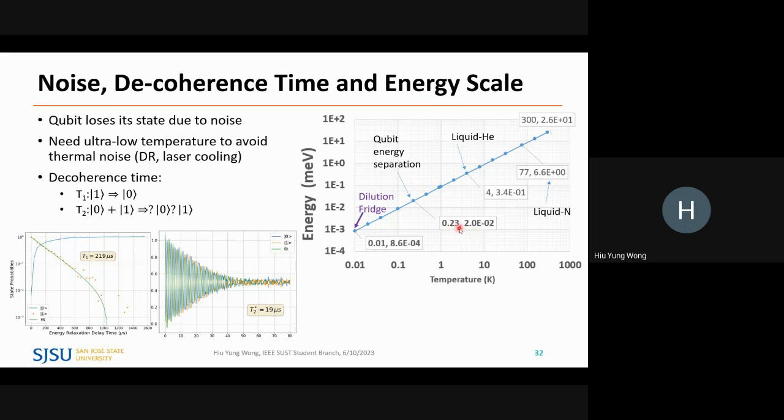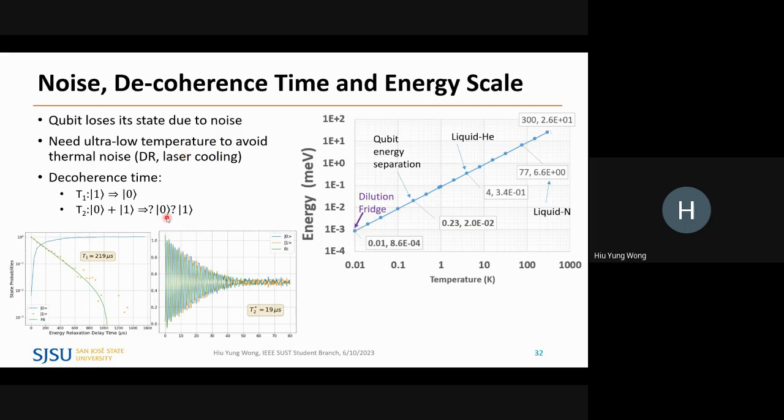Corresponding to 0.25 Kelvin. And your thermal energy at room temperature is already 26 milli electron volt. Then, of course, you cannot separate them. You cannot distinguish them. That's why we usually go to dilution refrigerator or use laser cooling.